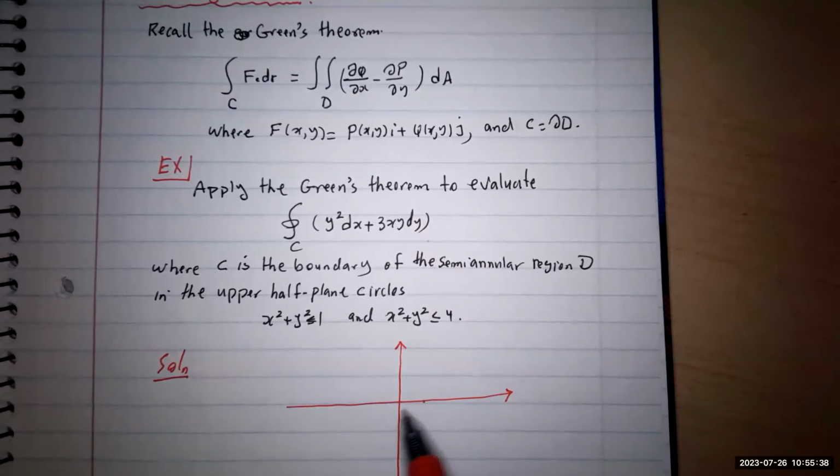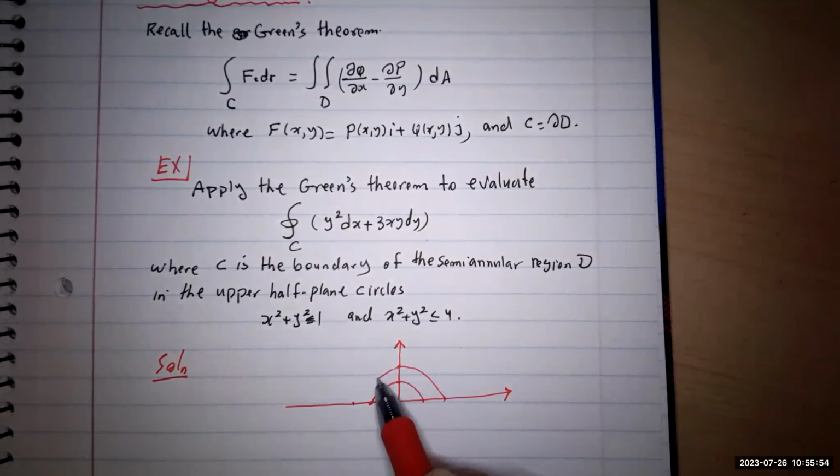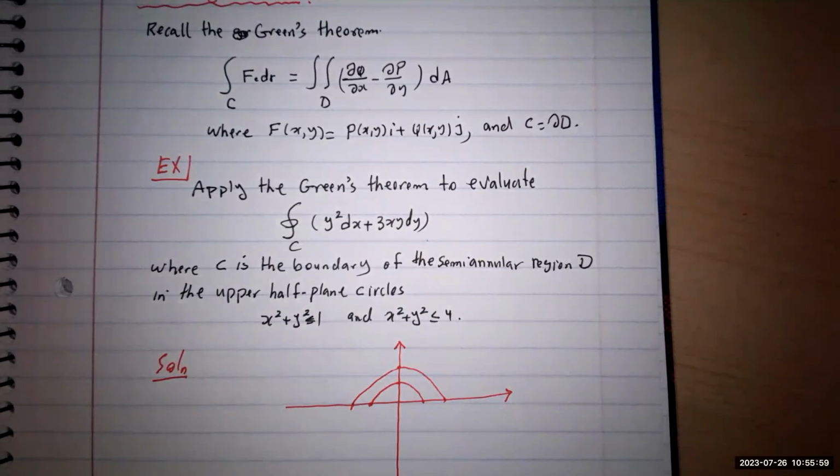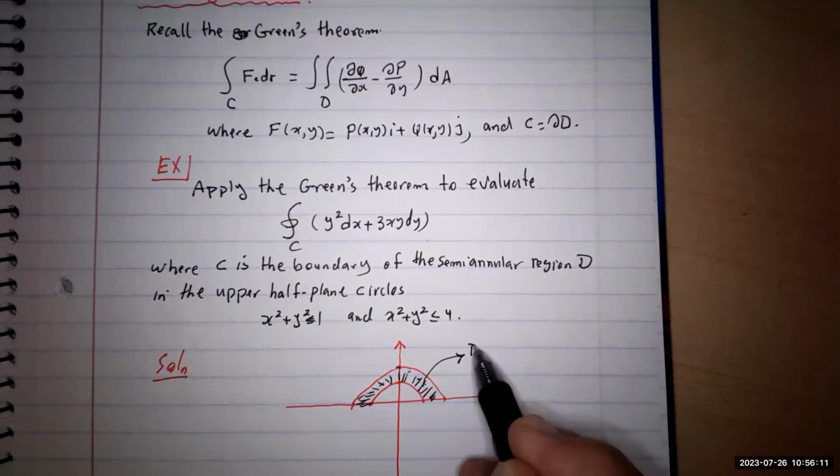This is one of the semicircles, then we get the other one with radius 2. The domain in question is the points between them, and the points on the circles. This is the domain D.